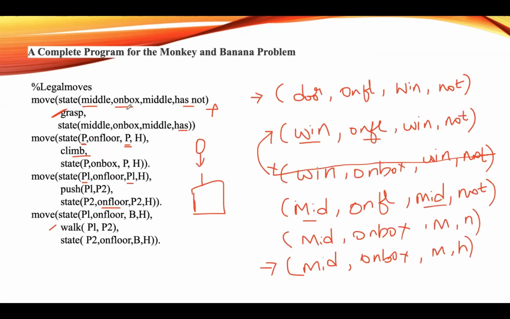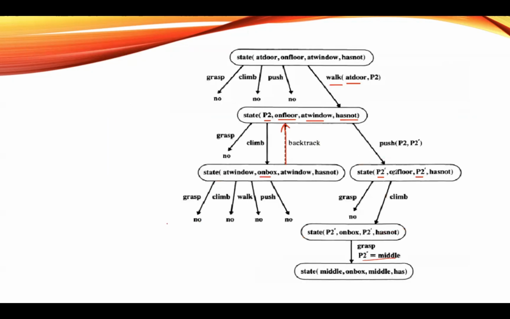as it is on the floor, you can't execute this grasp move. So we are taking the climb move, where the position of the box and the position of the monkey are the same. After executing climb, the monkey climbed from the floor to the box and it is still not having the banana.